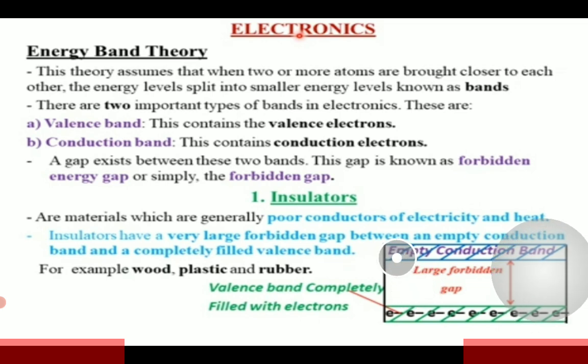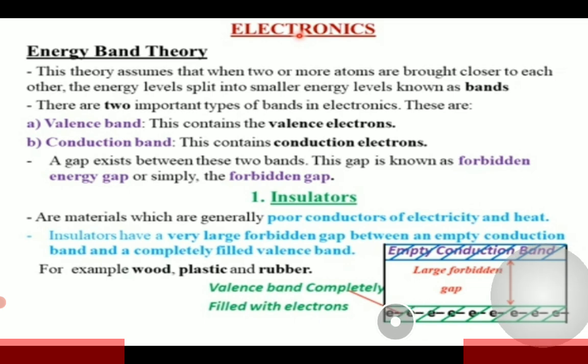So insulators do not conduct electricity because this gap, the forbidden gap, is too large for electrons to jump from the valence band to the conduction band. Remember that for a material to conduct electricity, current must flow through it, and the flow of current constitutes the flow of electrons.